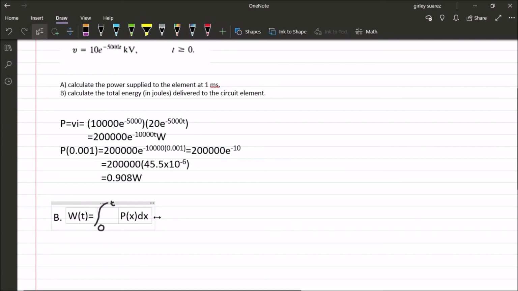Up next, to find the total energy delivered, integrate the expression for power from 0 to infinity.